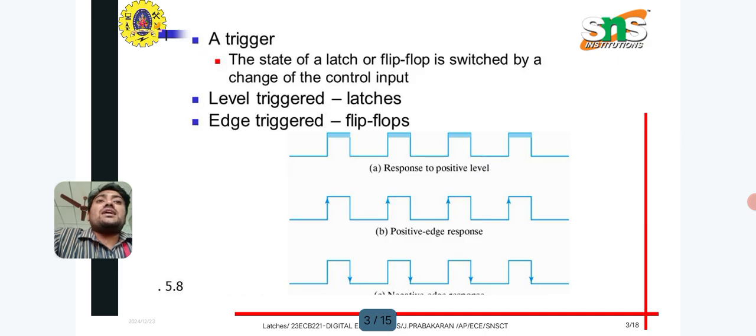This behavior ensures precise timing and synchronization in digital systems. Reasons for edge triggering in flip-flops: synchronous operation, avoiding glitches, precise time control, data stability between clock edges, and ease of integration in synchronous systems.